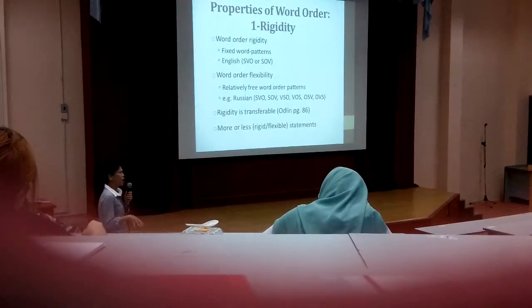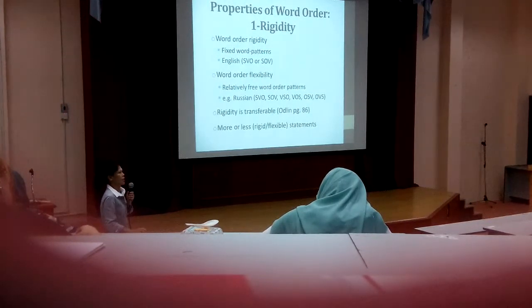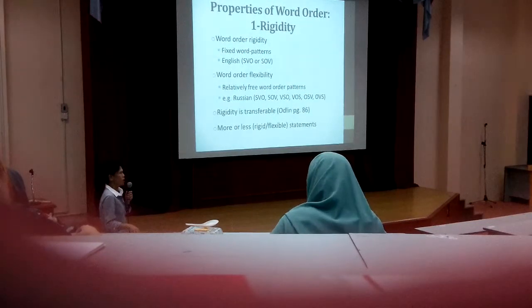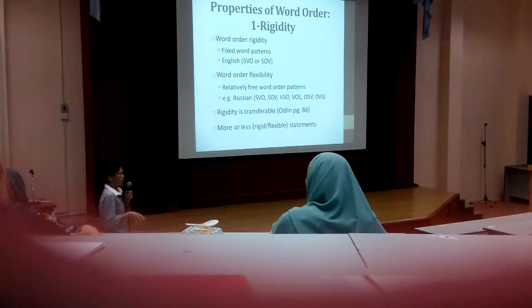Okay? Now what I can predict is if your mother tongue, your first language, is very flexible, such as for the Russians, you will have problems learning the English language. Okay? If both are rigid and they are the same, then it's easy to learn the English language.